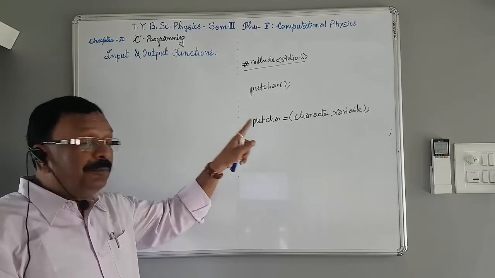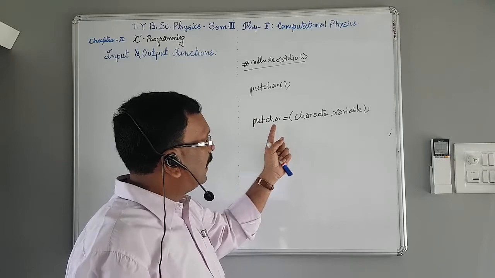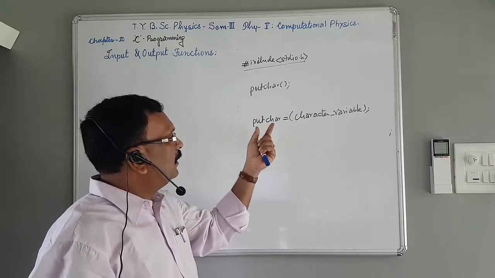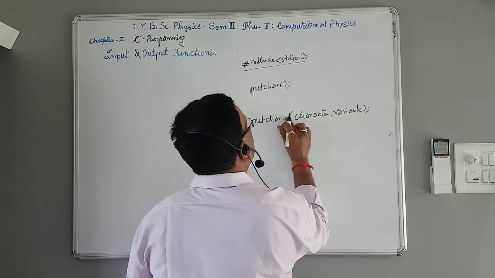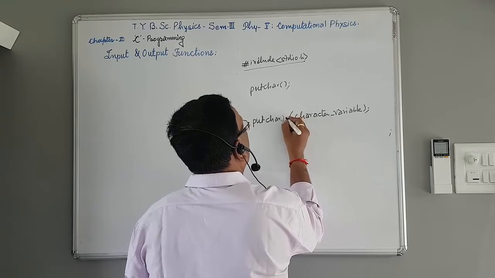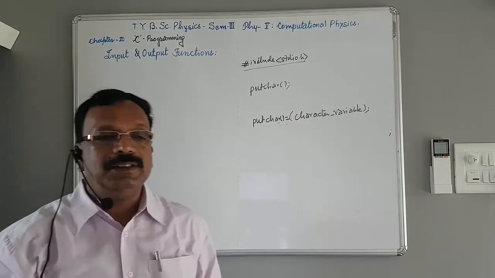What is the difference between getchar and putchar? In getchar, the function is always written on the RHS of the statement, and in the output function putchar, the putchar function is always written on the LHS of the statement.